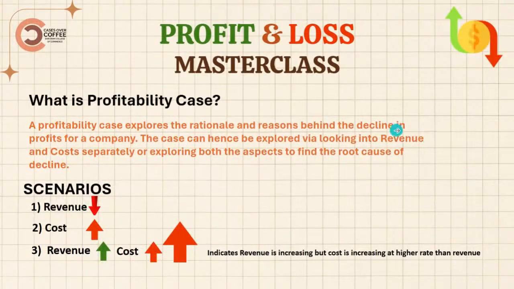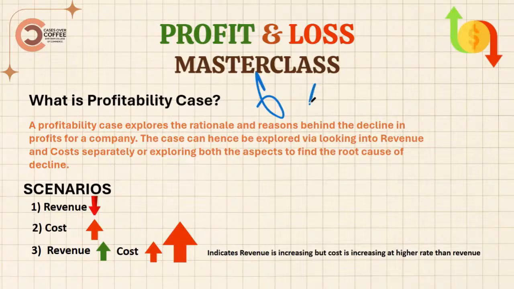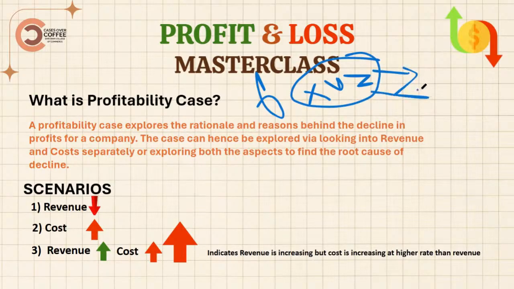So what usually happens in a profitability case, you will be given a case that the XYZ company's profitability has fallen, or there can be cases that they are in losses and their losses have increased further.